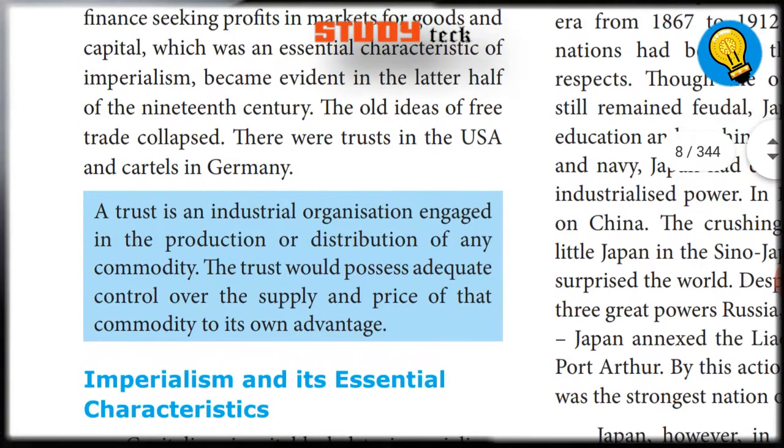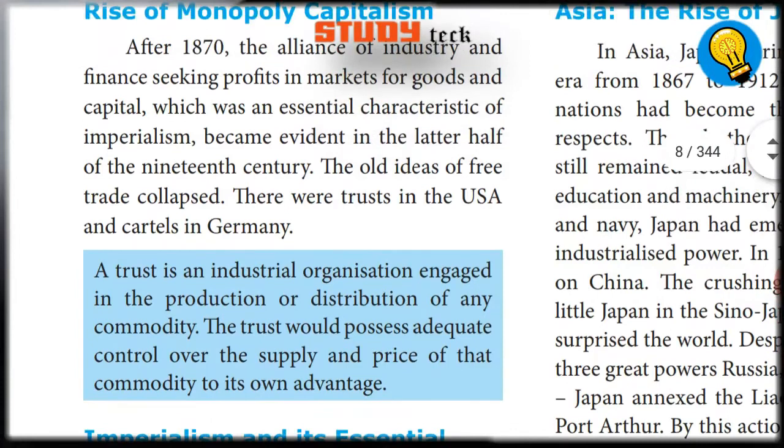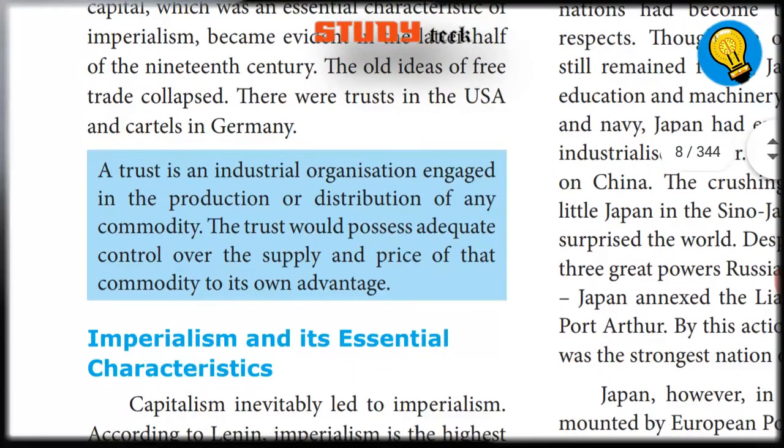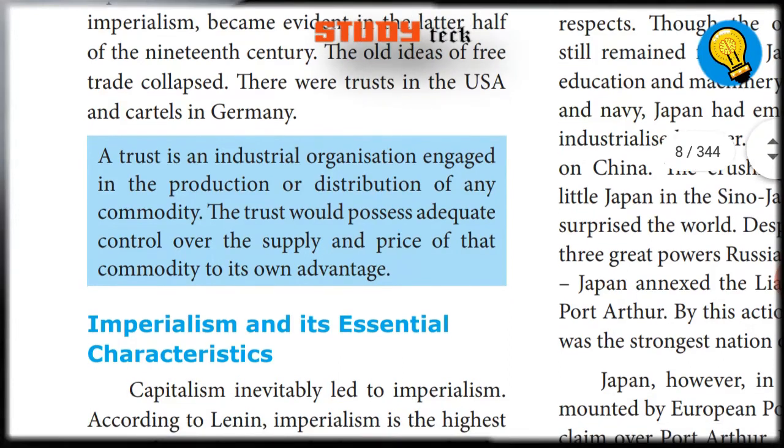There were trusts in the USA and cartels in Germany. USA industries formed a trust. What is the meaning of trust? A trust is an industrial organization engaged in the production or distribution of any commodity. The trust would possess adequate control over the supply and the prices of that commodity to its own advantage.